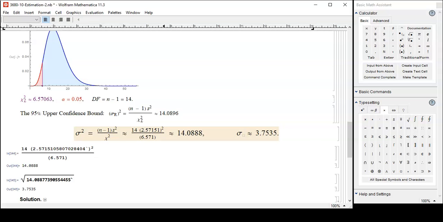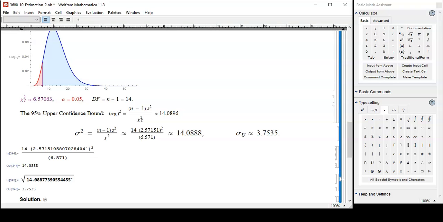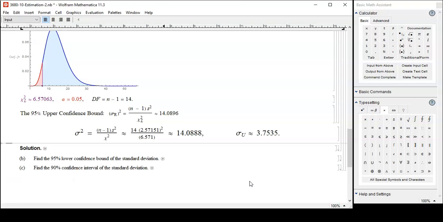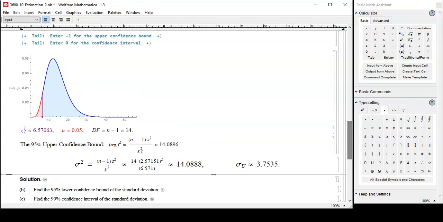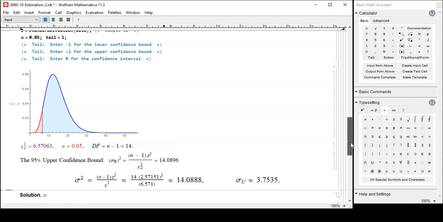And this is the upper bound. Remember, reversed. So we wanted upper bound, so we get the other way around, left-hand side shading.